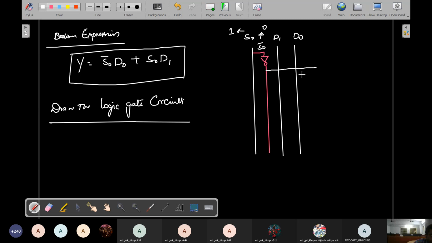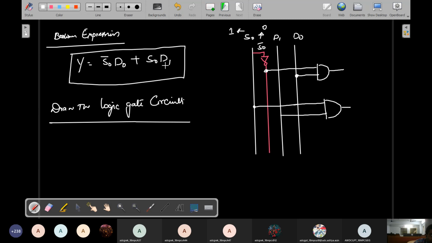Similarly from D0 one line, between these two an AND gate represents. This is the AND gate because this is the AND operation, we are representing one AND gate. Similarly S0 to D1, it represents one AND gate because these are the AND operation.